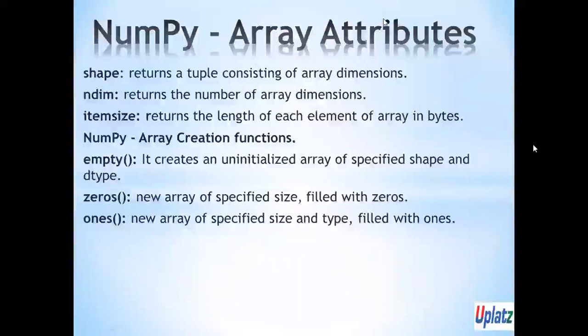We can have int8, which holds 8 bytes, int16, which will hold 16 bytes, int32. We can have uint8, unsigned int 8, unsigned integer 16, which holds 16 bytes, and unsigned integer 32.